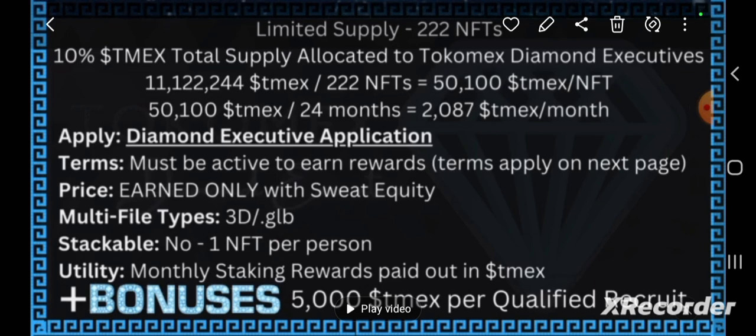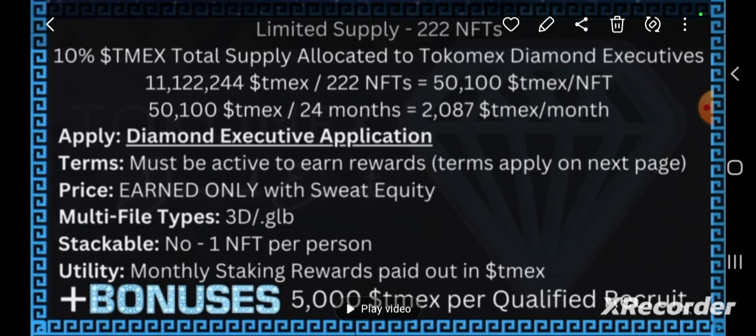Now, we distribute this over a period of 24 months, okay? So that comes to just over 2,000 TMEX tokens that you can earn every single month for the next 2 years. The reason why I spread it over 2 years is so that we can slowly and evenly distribute this, as well as that we see 1 to 2 years worth of this sweat equity type of work. This will not be forever.